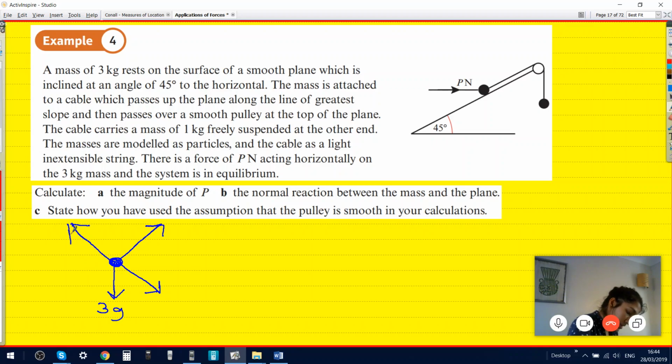So we have 1g sin 45 and 1g cos 45. I still don't know how to really do the P, to be fair. So you can do P like it's being pulled away from it. And it's the same thing.